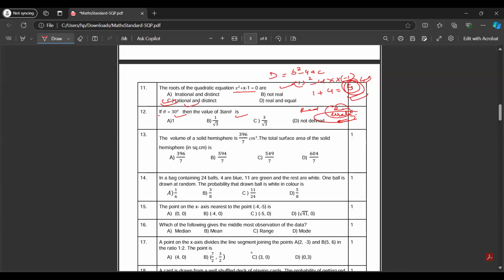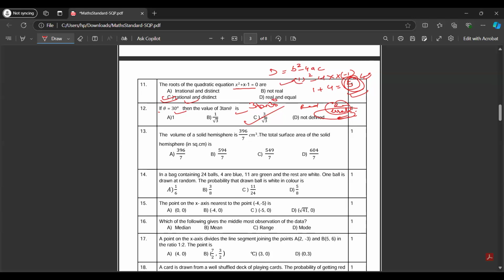Ma'am, 3 root 3. See, ma'am, 1 by root 3, but 3 is also there. Sorry, ma'am, 3 by root 3, right? Because it is 3 tan 30. Tan 30 is 1 by root 3. So 3 by root 3.